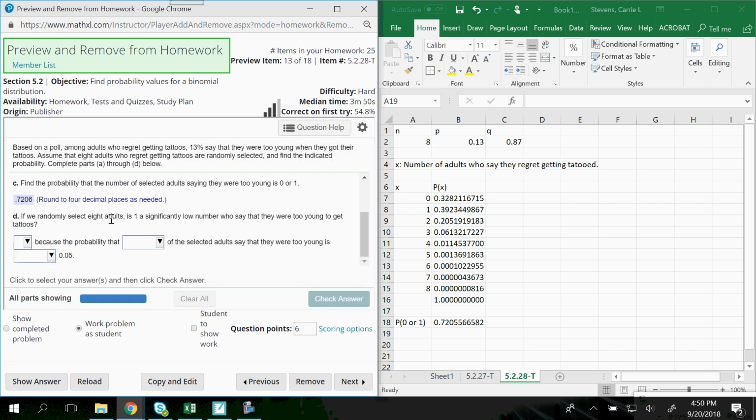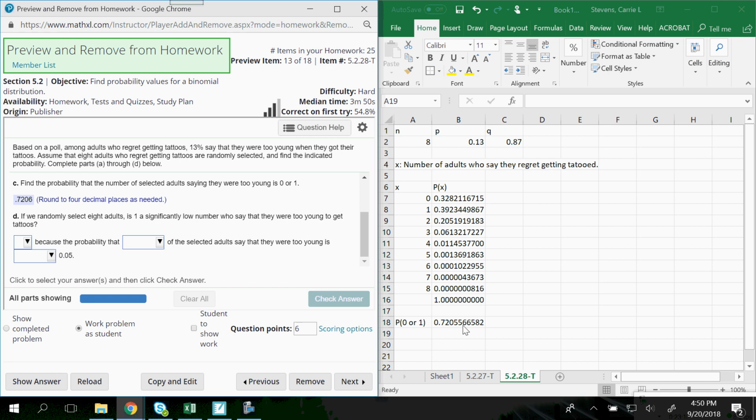And then if we randomly select 8 adults, is 1 a significantly low number who say they were too young? Okay, so again, just like it worked when we were doing 5 being significantly high, we looked at the probability of 5 or 6 or 7 or 8. If 1 is low, then 0 is low. So we are interested in the cumulative probability of either 0 or 1.